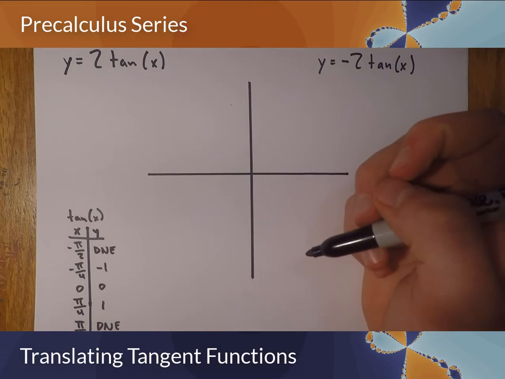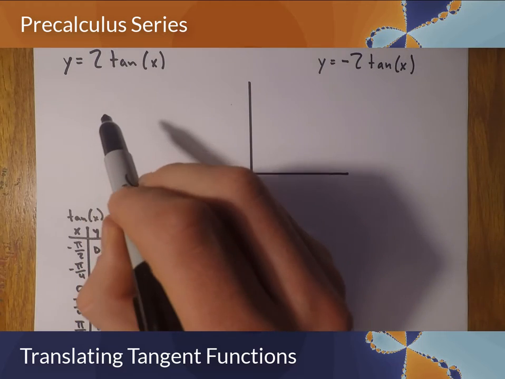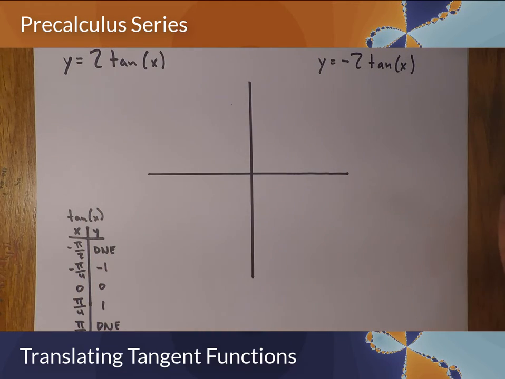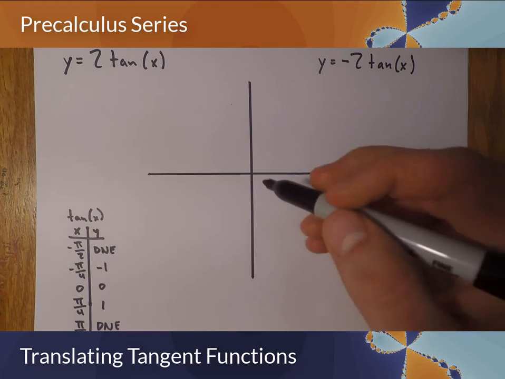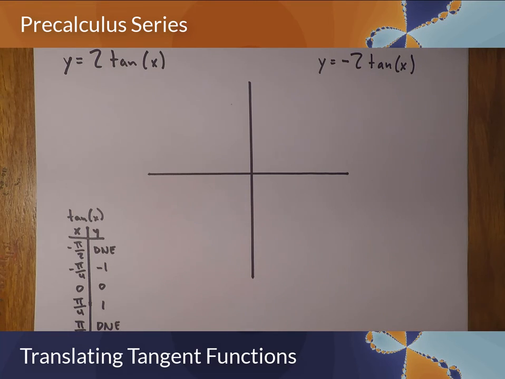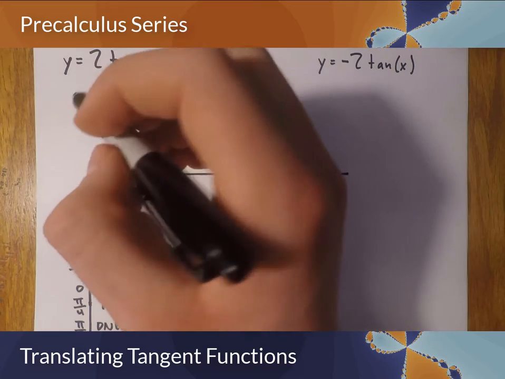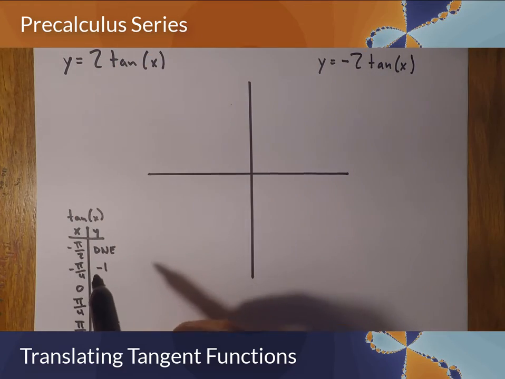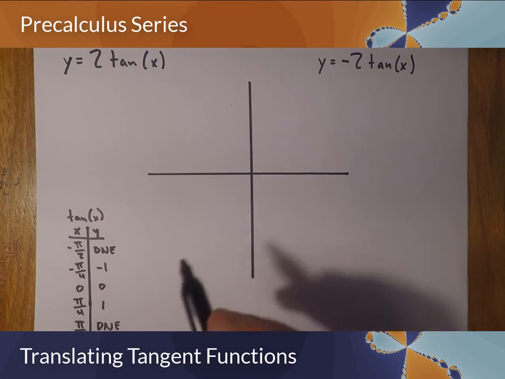Our next two examples are y equals 2 tangent of x and y equals negative 2 tangent of x. They are pretty much multiplied by a scalar. If you look at these values here for tangent of x, you simply multiply all of these by 2.